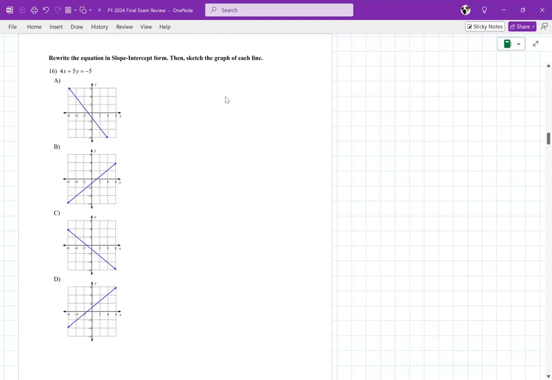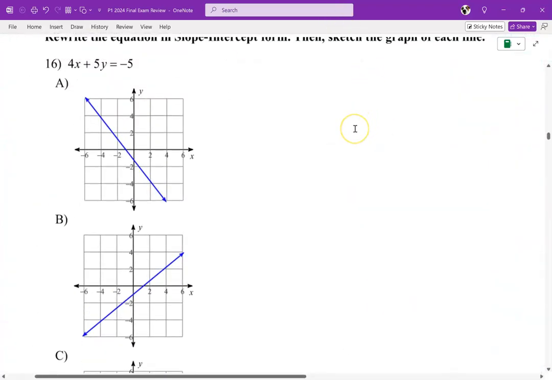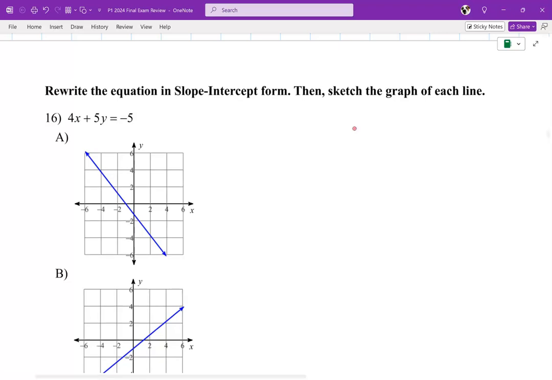So, number 16 says rewrite the equation in slope-intercept form, then sketch the graph. So let's go ahead and rewrite it. They want it to look like this: y equals mx plus b. That's what slope-intercept form means. In other words, solve for y.